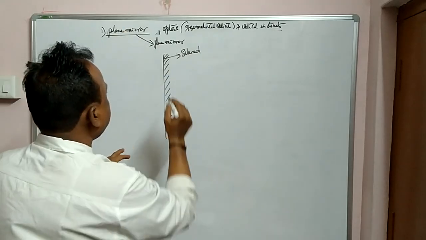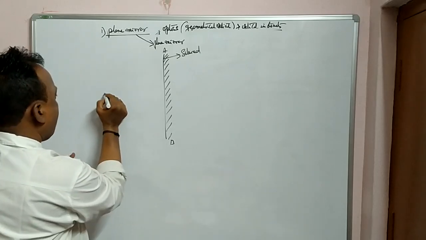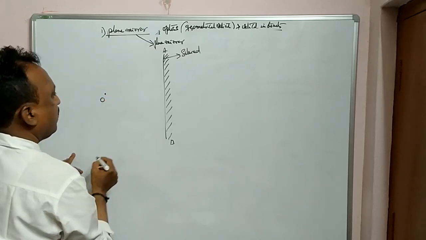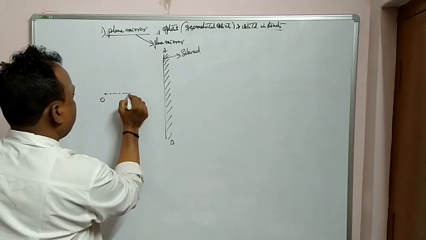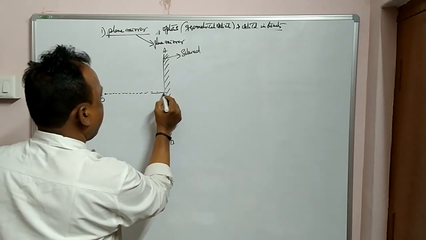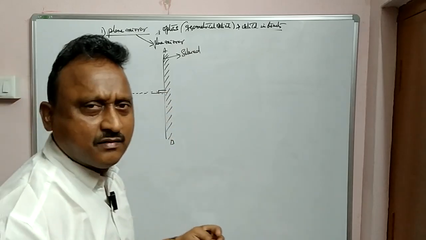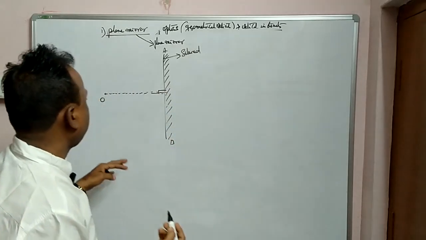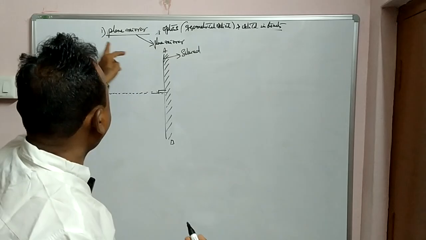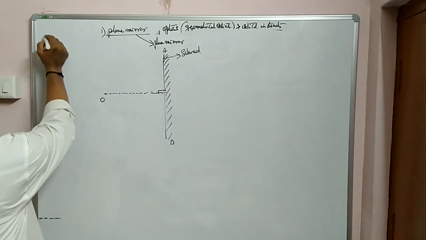Now what is the main thing of this plane mirror? For example, AB is a mirror. Let us take a point object. O is a point object, and this is some normal, because any perpendicular is taken as normal. Now just now I told you, to form any image for a plane mirror, two light rays are required.